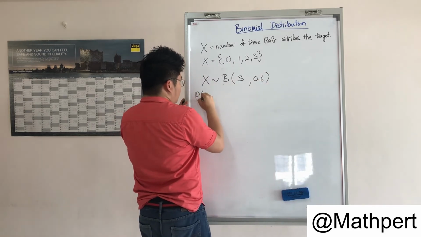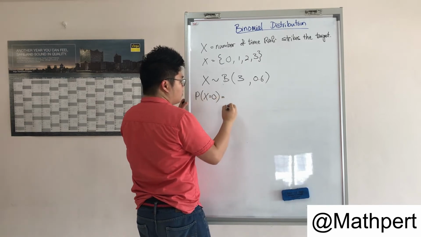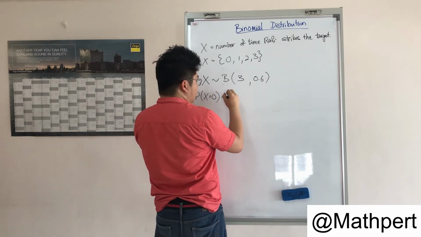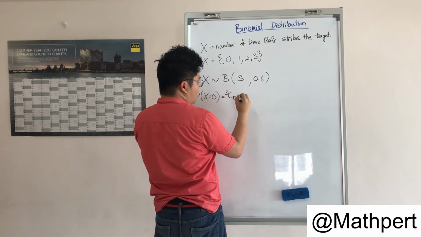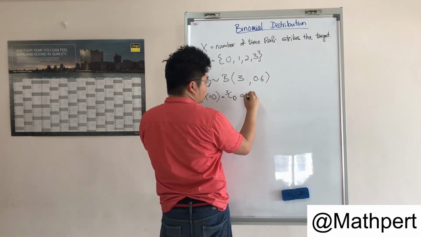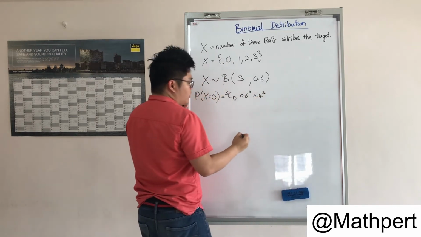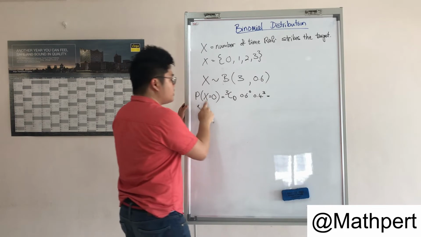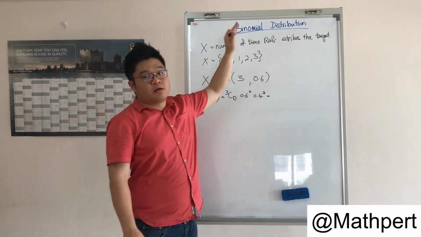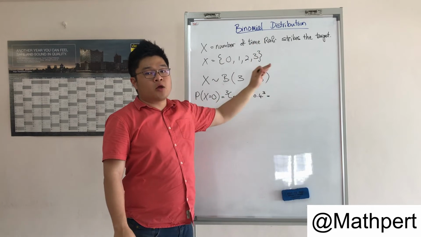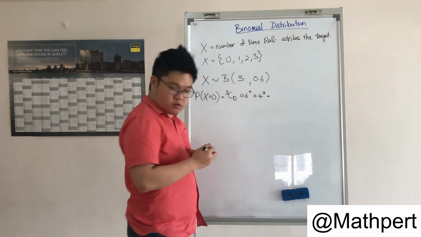So, probability of X equals 0 is 3C0, p is 0.6 power 0, 0.4 power 3. So, this means the probability of Rafi missing all the shots.